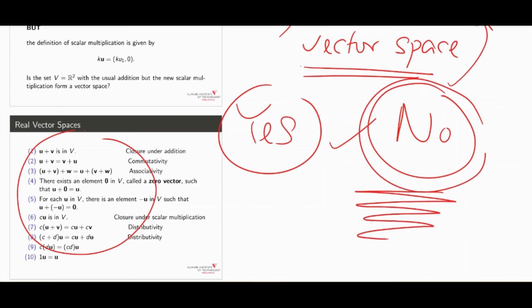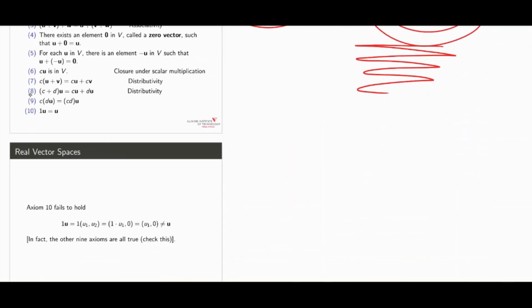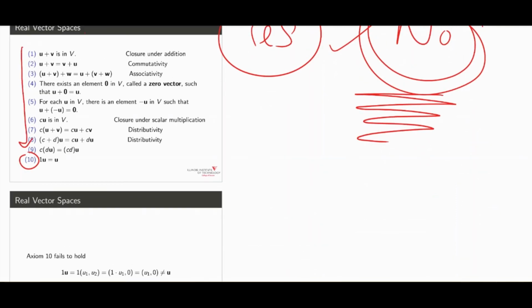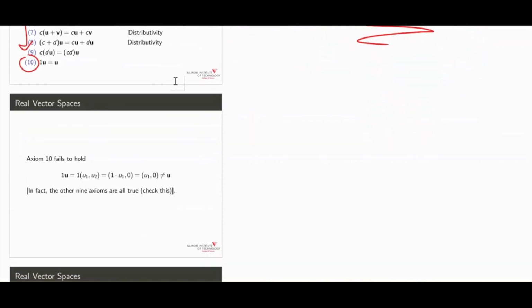If you go through this list, you will see that, for example, axiom 10, the very last axiom, does not hold. In fact, everything else checks out except axiom 10.